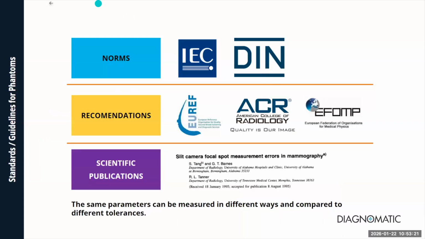And standards and guidelines to design and produce phantoms are described generally by the IEC and DIN norms. We also base on the recommendations from EUREF, the European Reference Organization for Quality Assured Breast Screening, and EFOMP, the European Federation of Organizations for Medical Physics.